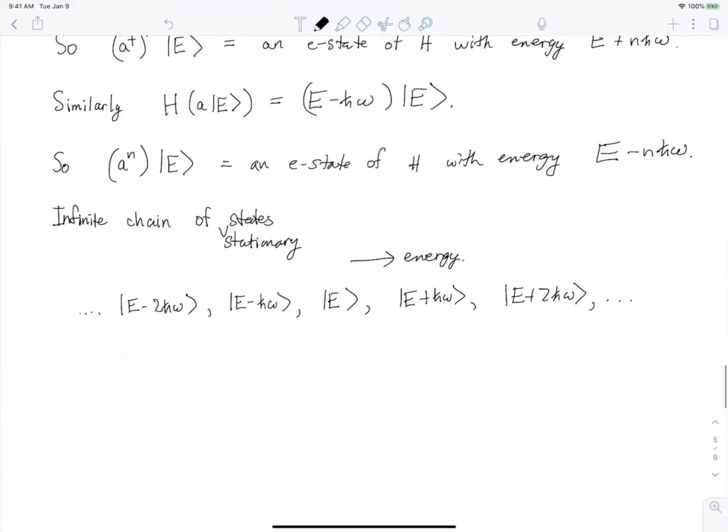So the problem is that we proved that this cannot happen because the first thing we did when we were considering the harmonic oscillator Hamiltonian is we proved that all the energy eigenstates had to be positive, and yet these ones seem to be going off to negative infinity. Okay, so, we proved that the energy eigenvalue for a harmonic oscillator state is always greater than 0.